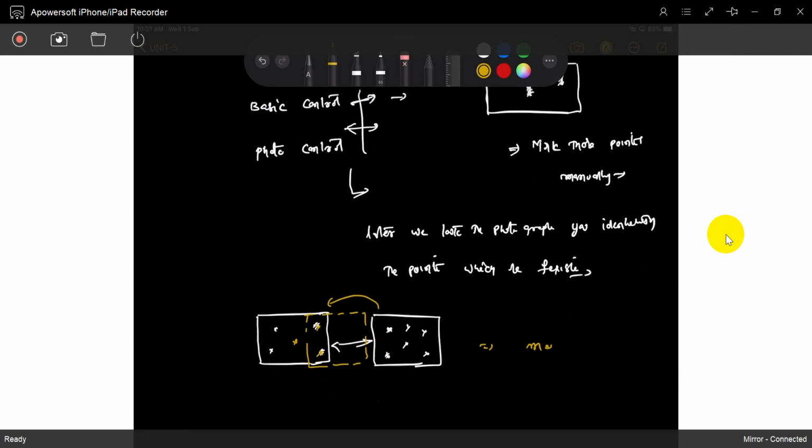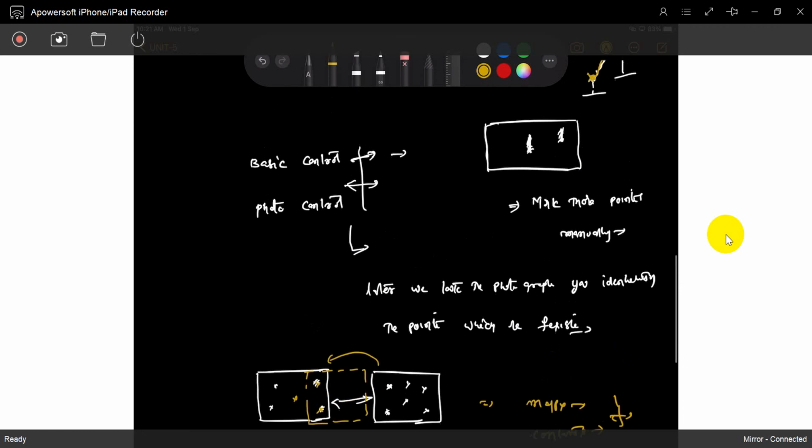Later you can form maps, contours, anything. Understood? So that is basic control and photo control.